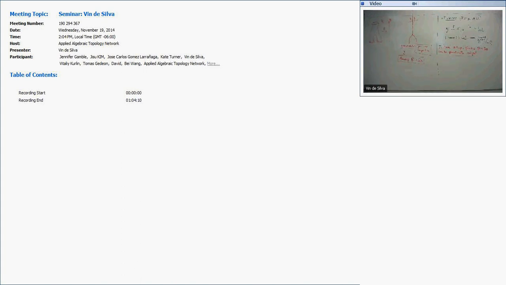What's next? So now I want to talk about a very similar construction. This is Amit Patel and Liz Munch, the Reeb graph functor construction. So here's another thing we can do, another example.